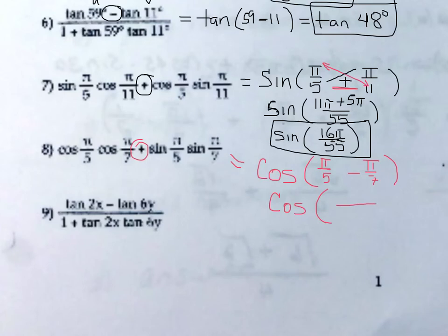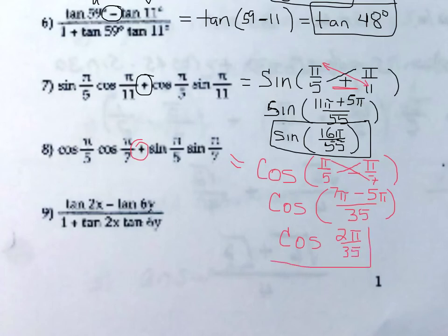I'm going to skip one step. 7 times pi is 7 pi, minus 5 times pi is 5 pi, and then just subtract those two numbers: 2 pi over 35. So it's cosine of 2 pi over 35.